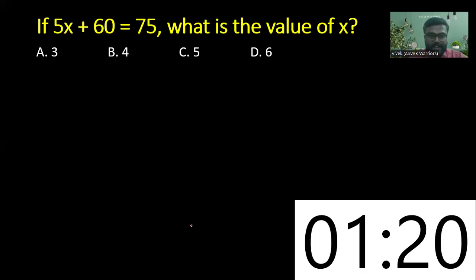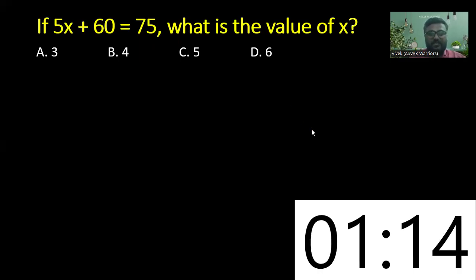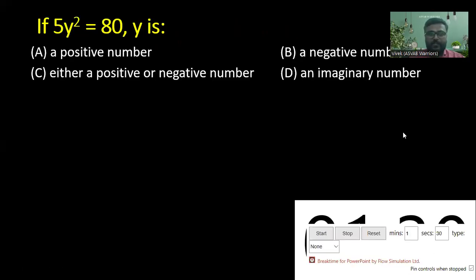I already have an answer. Oh, Anjay has also answered. Ablam has also answered. That's awesome. The answer is nothing but 3. Let's move on without wasting much time. Try solving this question. Your time starts now.